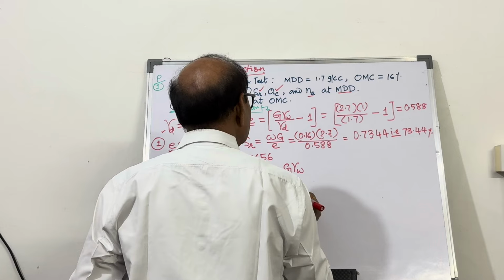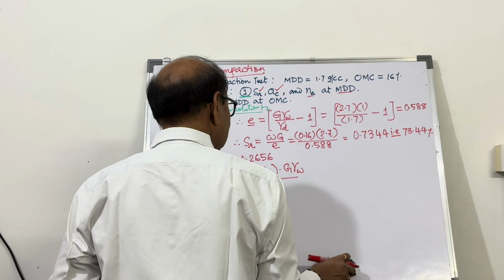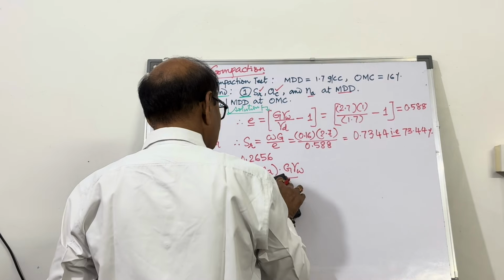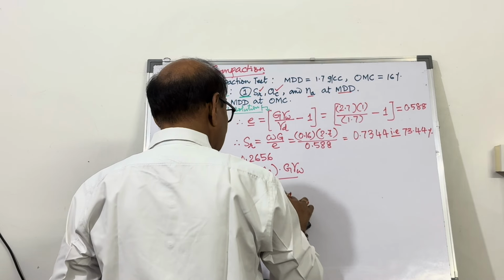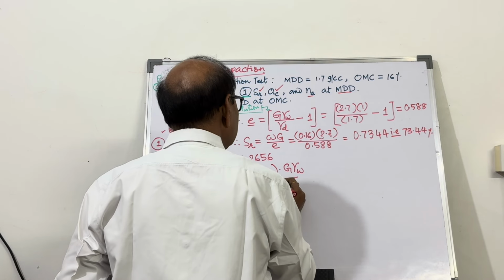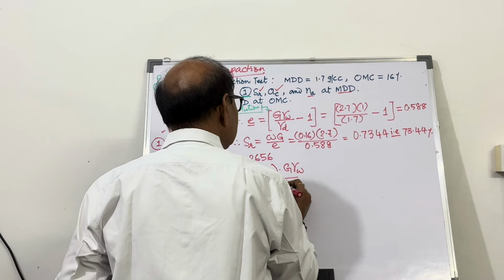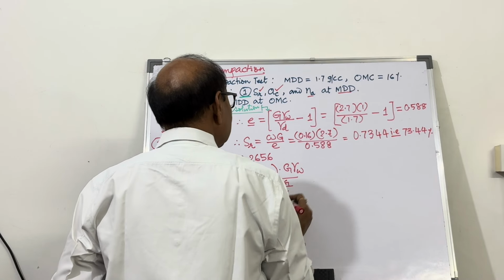So you can replace it, that e into Sr equal to w into G. So w into G divided by Sr.